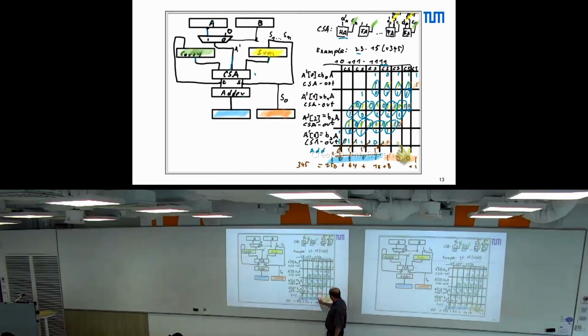Then we have here 1 plus 1, which would be effectively 0 and 1 carry. Correct? No, 1 plus 0, sorry. So we would have to add up this 2, plus an additional 0 because we only add 0. So the result here would be a 1. We have here a 1 and another 1 that we have to add up, plus a 0. So we would have a 0 and a 1. Right? We have here a 1 and a 1.